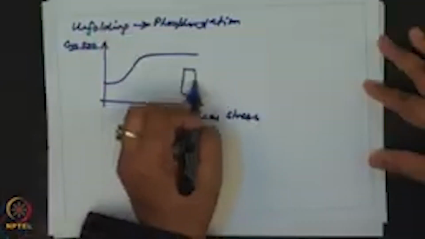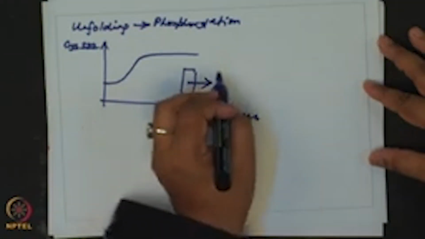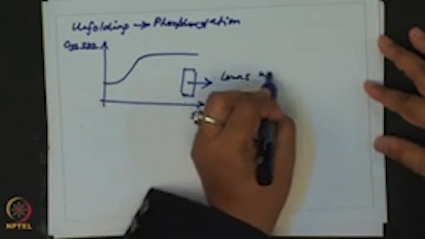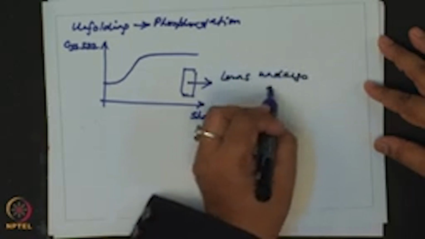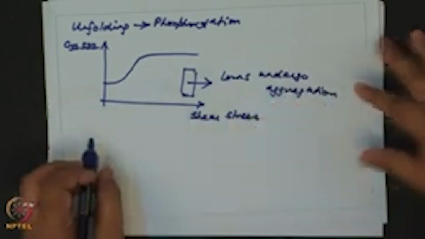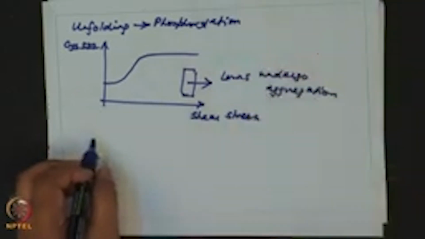Now, if you increase the shear stress to high shear stress zones, the lamin actually undergoes aggregation.